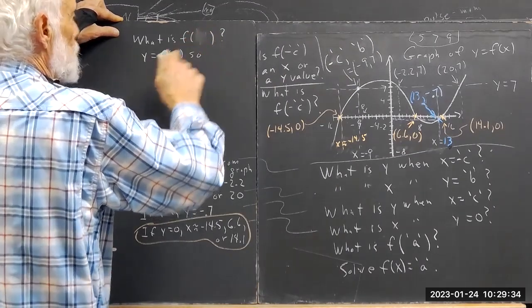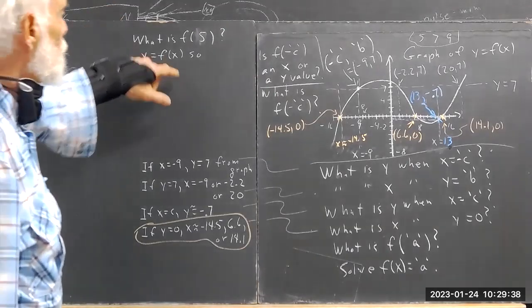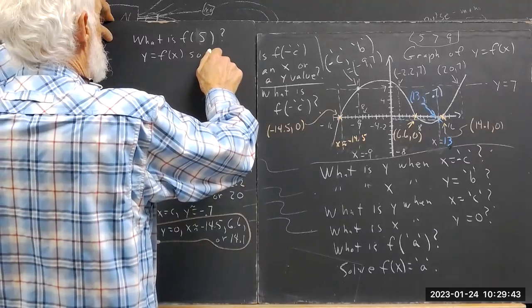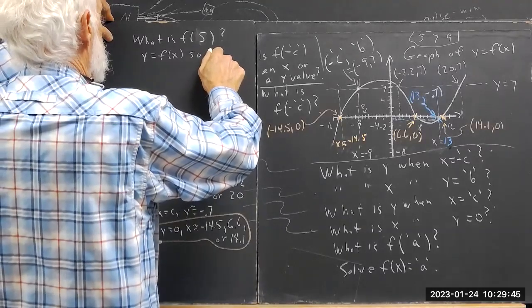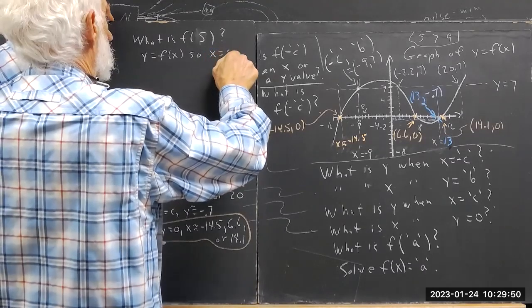Well, let's go ahead and use my a value. My a value is 5. Okay, y equals f of x. So x equals 5.